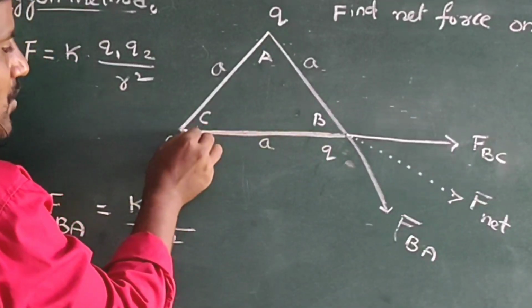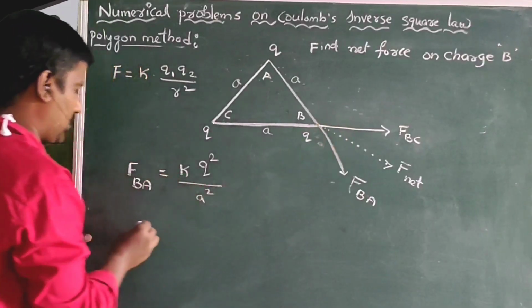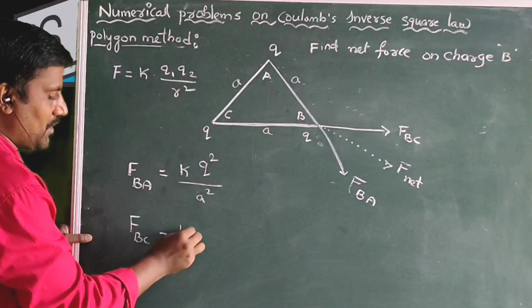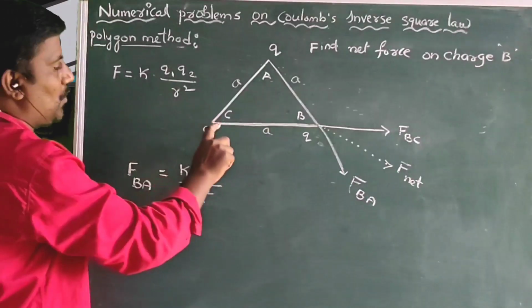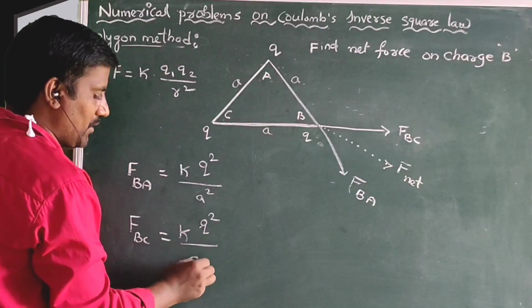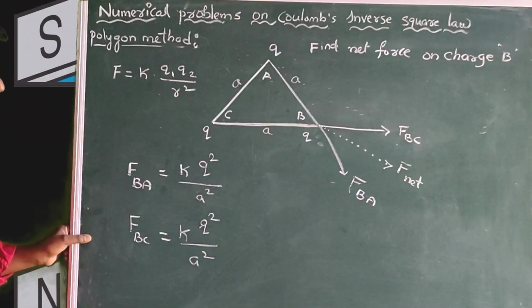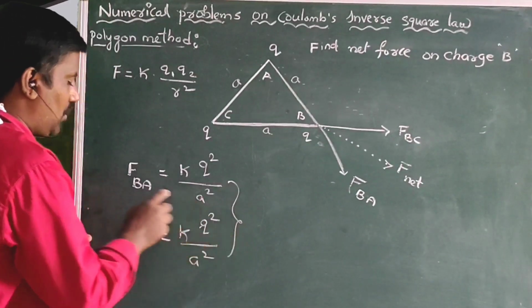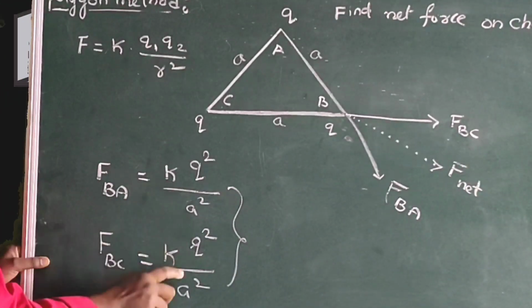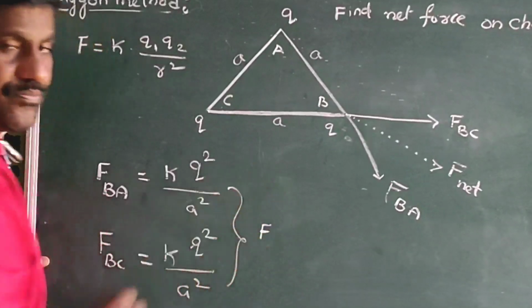Due to charge C, the force on B, F_BC, is equal to K Q into Q, Q square by a square. Numerically F_BA and F_BC are both the same, which I consider F.